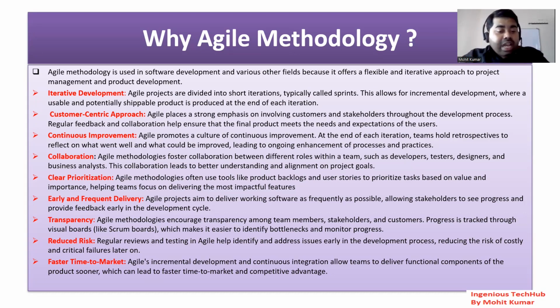Agile incremental development and continuous integration allow the team to deliver functional components of the product sooner, which can lead to faster time to market and competitive advantage. Okay, so these are the reasons why we require agile. I have given you examples, right? This is how flexible it is.